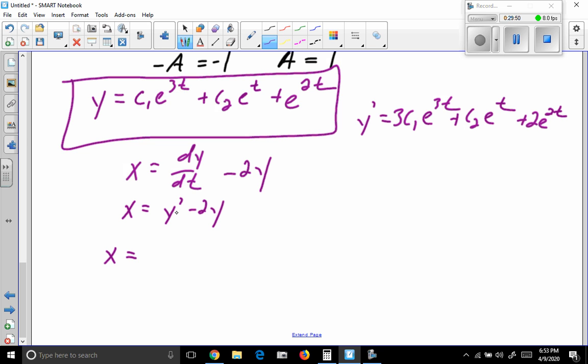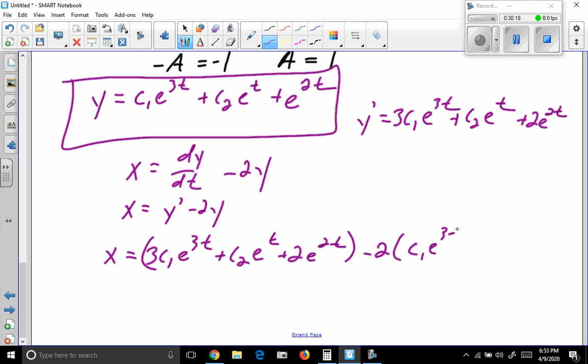So x is the first derivative, 3c1 e to the 3t, plus c2 e to the t plus 2 e to the 2t, minus twice y. This was y. So minus 2 times y.